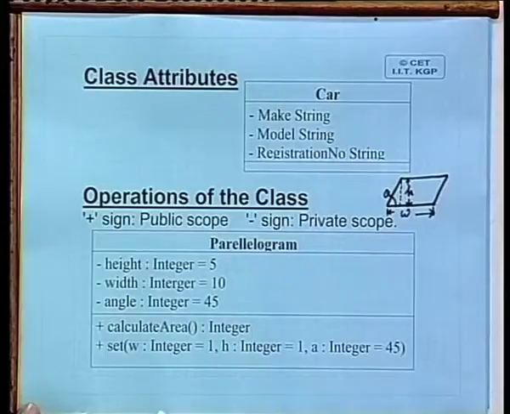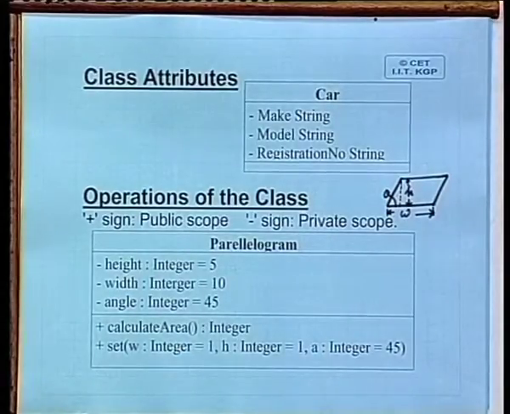You can set w to 1, h to 1 as both are integers, angle also an integer, let us say 45 degrees, right. So, these are the two functions defined. What are the operations of this class? Calculate area and set.